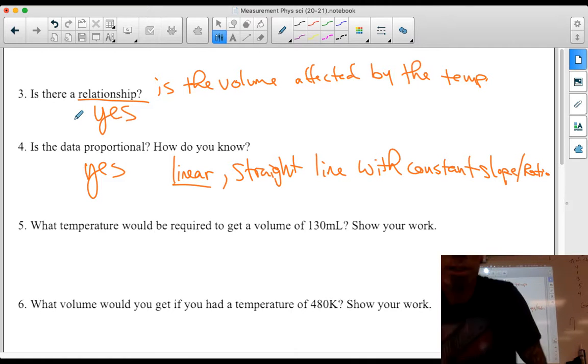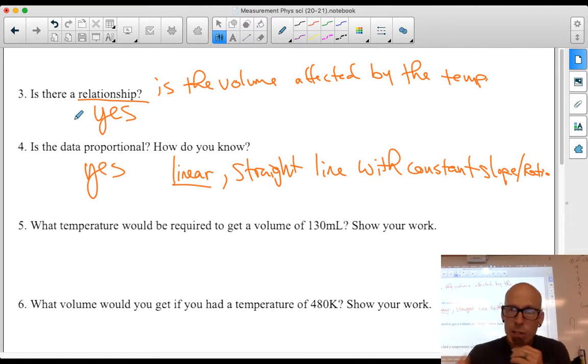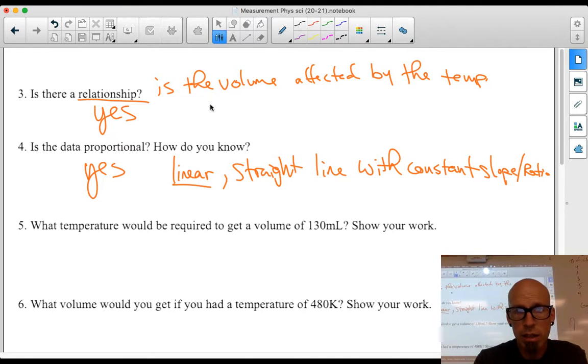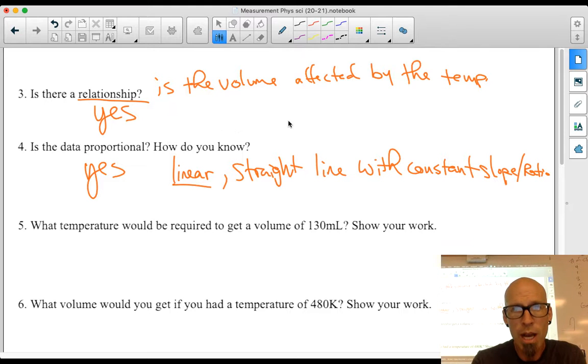That's how you know it's proportional. You know there's a relationship because the line's tipped. The line is tipped. That shows you the volume is affected by temperature. There is a relationship.